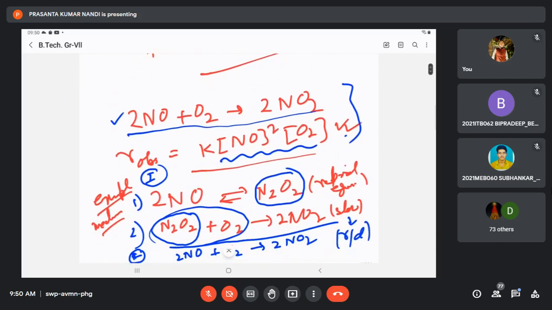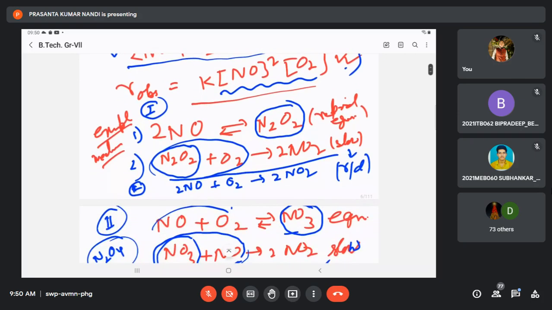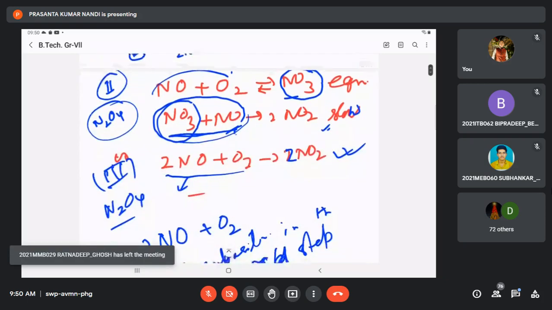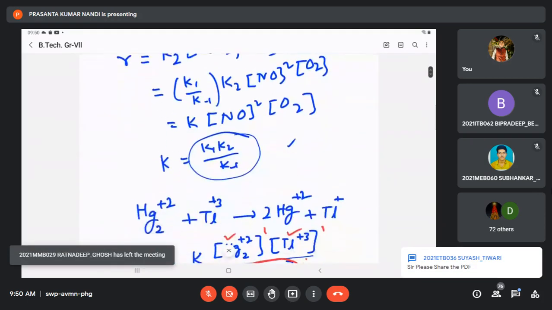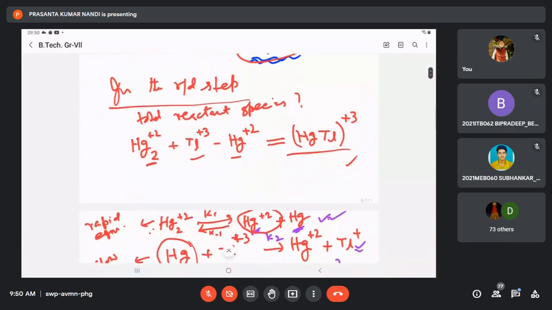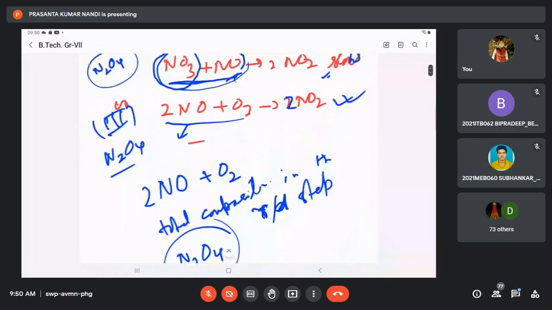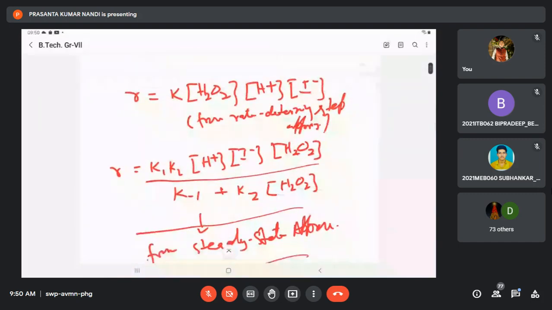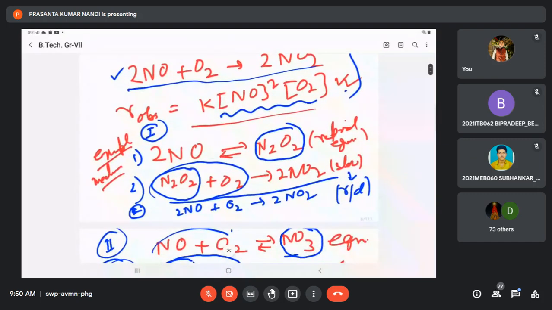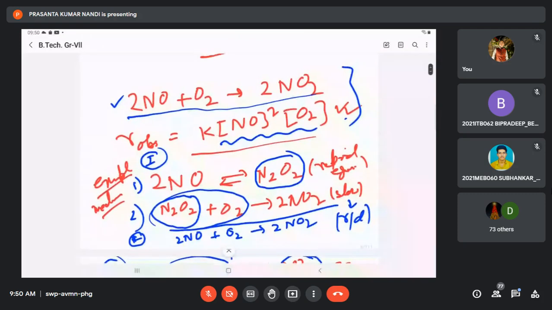There is another equation I can give you. This is a very typical equation. For example, this reaction is very interesting: formation of NO2 from NO, nitric oxide, and O2.